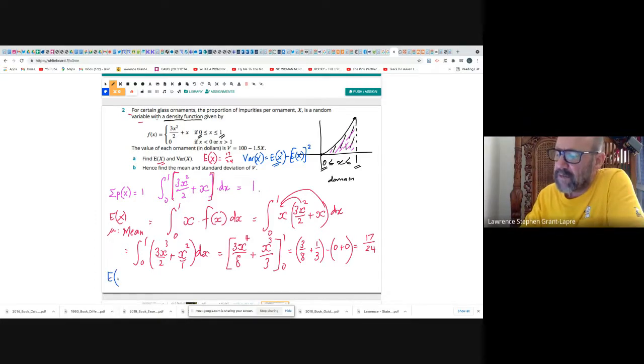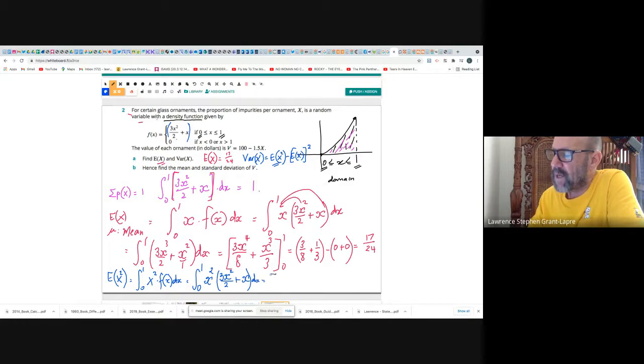Now the expected value of x squared from 0 to 1 is the integral of x squared times f of x dx. So x squared times our function 3x squared over 2 plus x with respect to x.